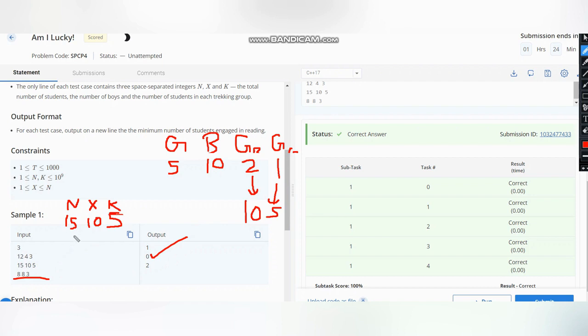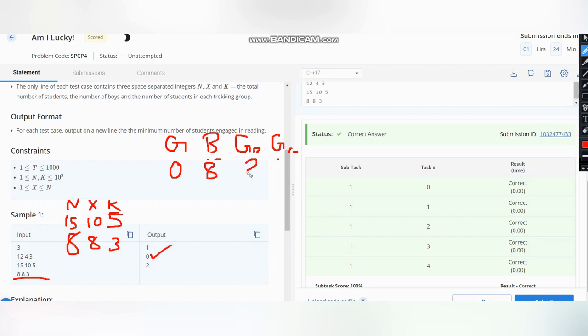In the third case, 8, 8, 3. In this case, the number of boys is equal to the total number, so we don't have any girls. Girls 0, boys 8, and group of 3.